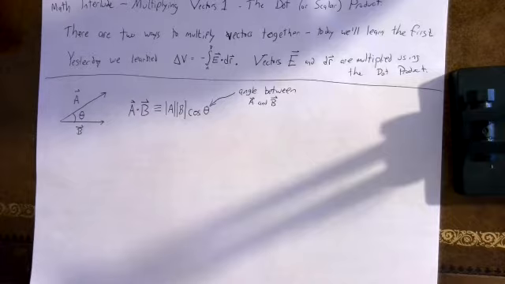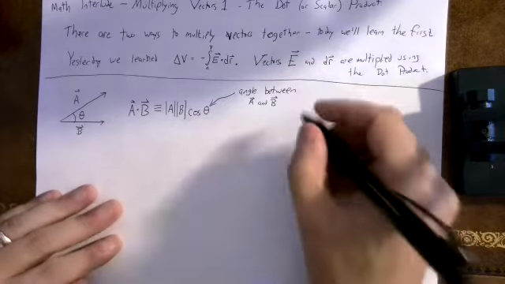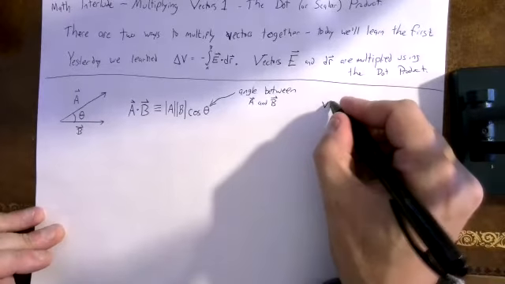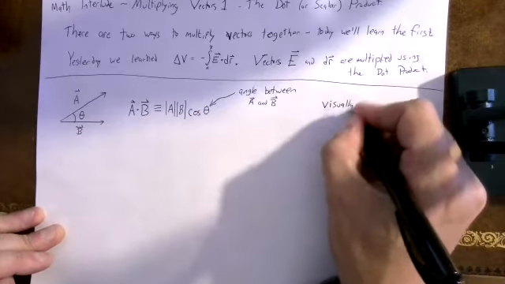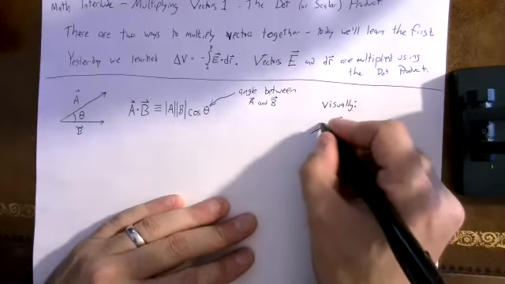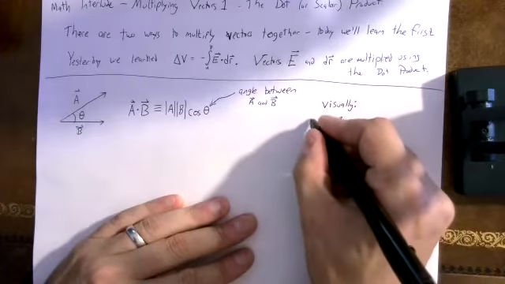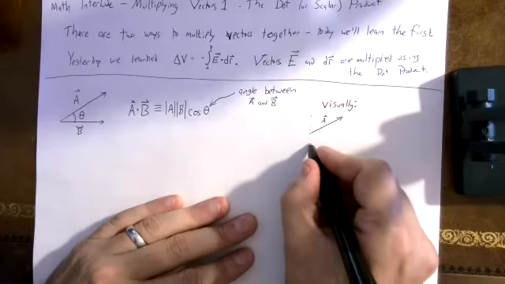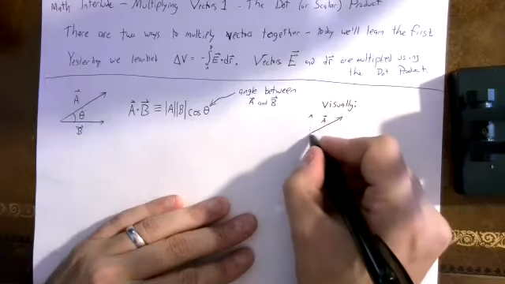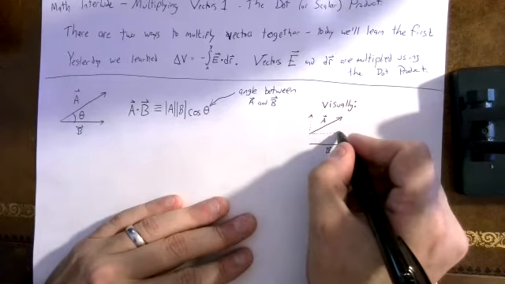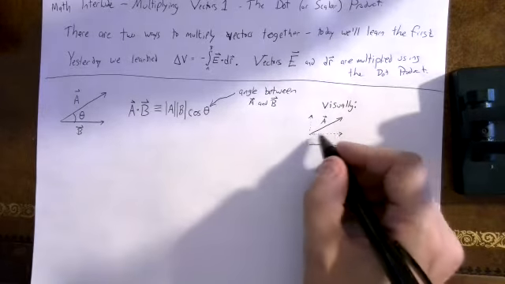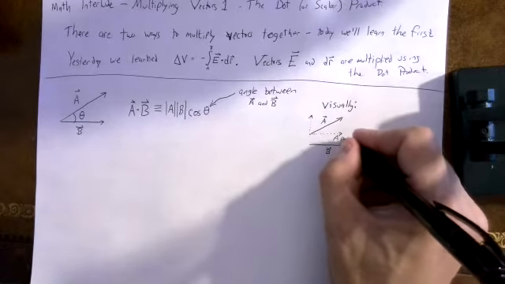All right, so visually, we can see what we're doing when we take the dot product. We're really multiplying just the components of the vectors that are parallel to each other. So if our vector A is like this and vector B is like this, there's a component of A that's perpendicular to B, and there's a component of A that's parallel to B. This component of A that's parallel to B is just A cosine theta.